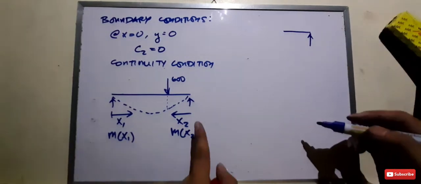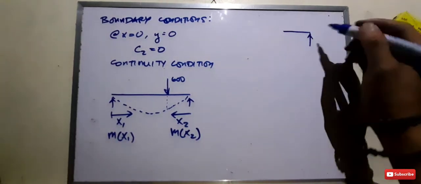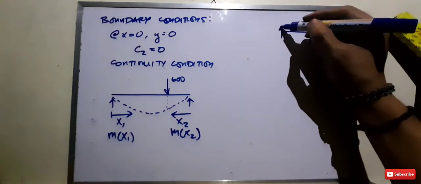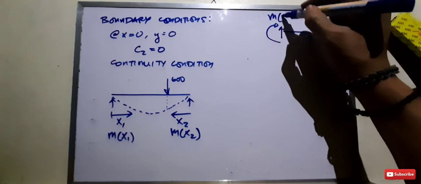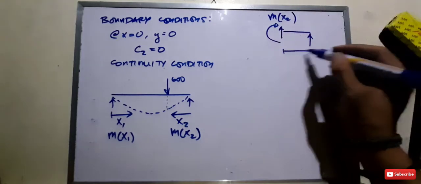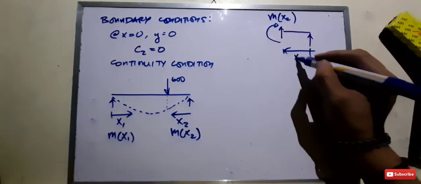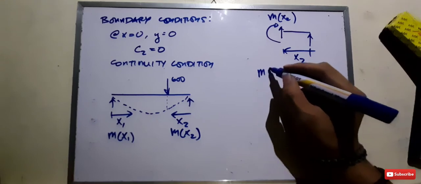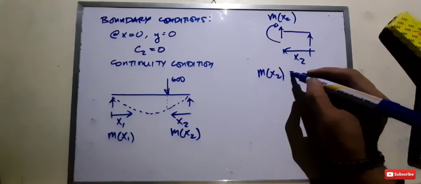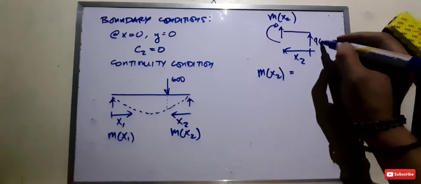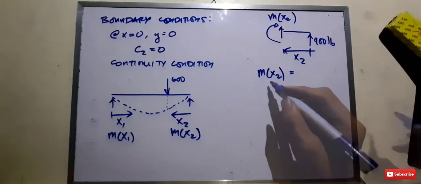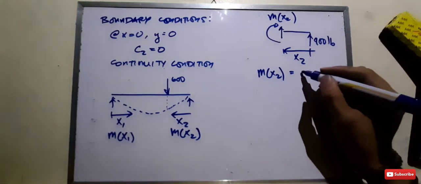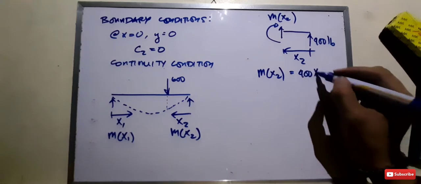So, since papunta siya dun sa left, consider natin yung right portion. So, meron tayong shear, meron tayong moment. So, this is M as a function of x2. Moment as a function of x2 equals 400 pounds. Therefore, ang moment mo ay 400 x2.